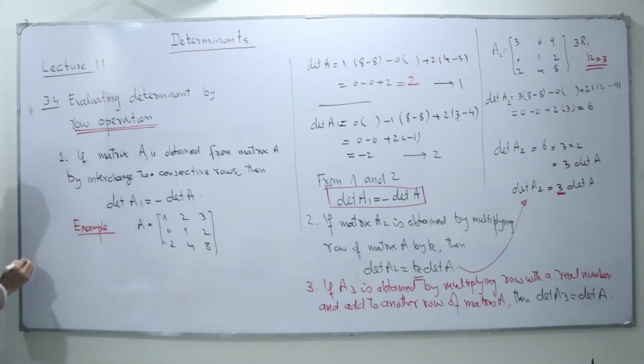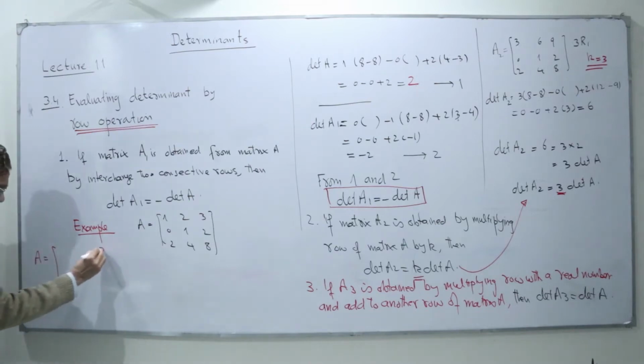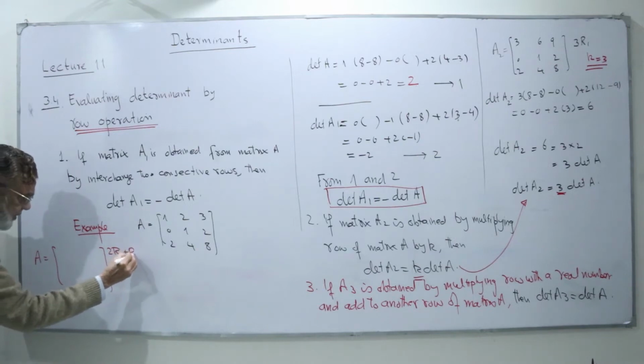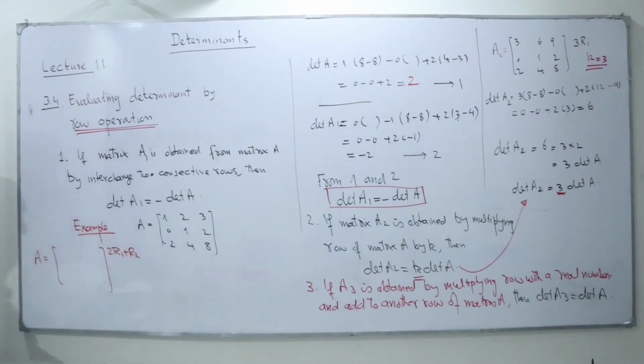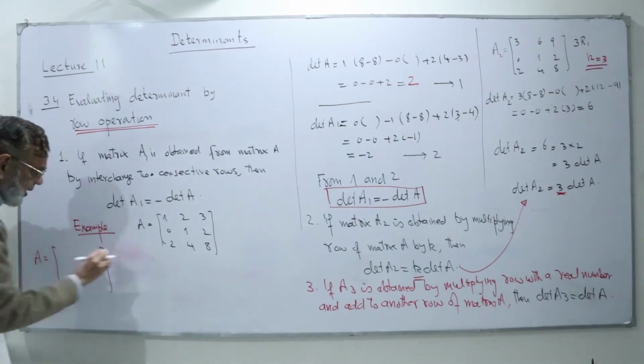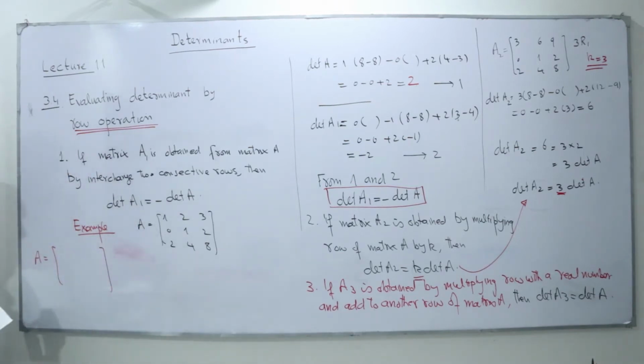I find here A3. My A3, I say this is equal to, I take here 2R1 plus R2. So I can just write here this one. My matrix here, the equation is 1, 2, and 3.